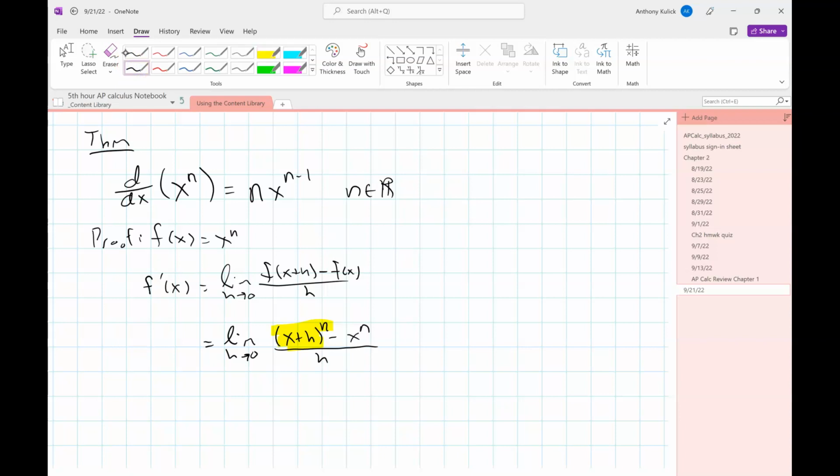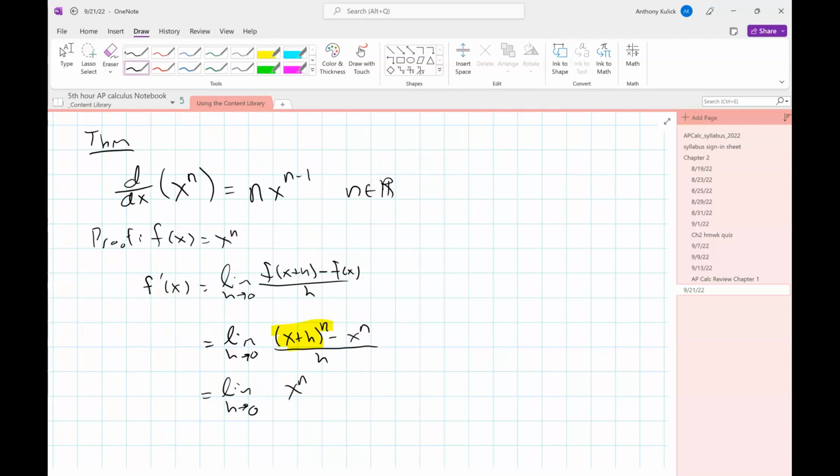For this proof, we're going to assume that n is a positive whole number, because what I'm going to use is the binomial expansion formula, which is a deep pull from Algebra 2. Do you remember the binomial expansion formula?